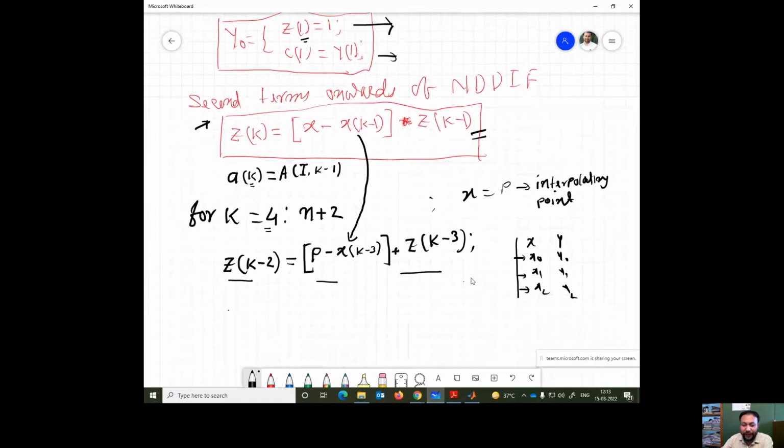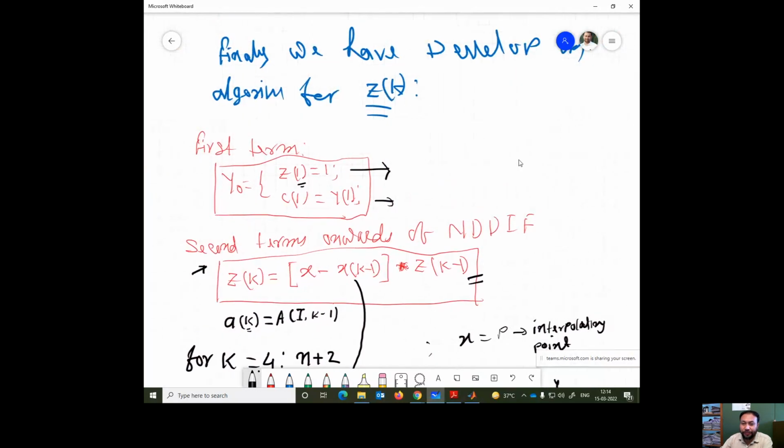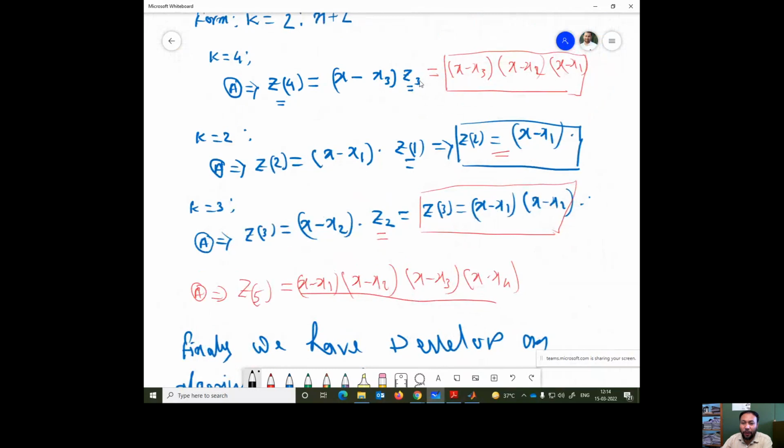It means I have to find A. This is k minus 2. Why? I should know A1 to get A2. So if I put k equal to 4, I can get A2 here. It means this coefficient A can be calculated from matrix A, where I take the first row and column number 3 onwards. Now look here. What are the A here?